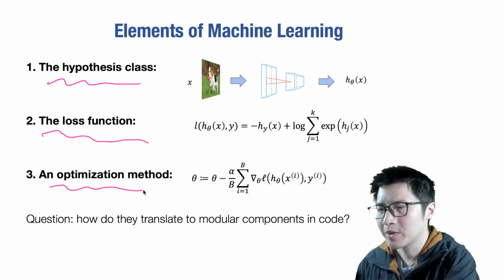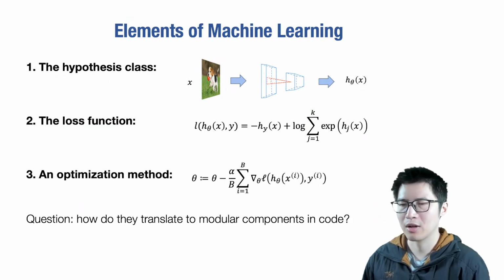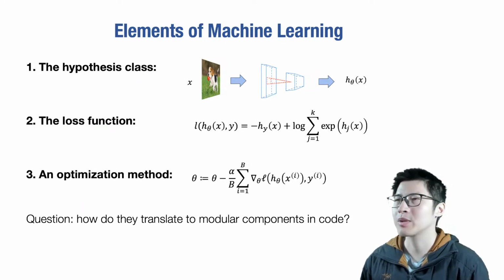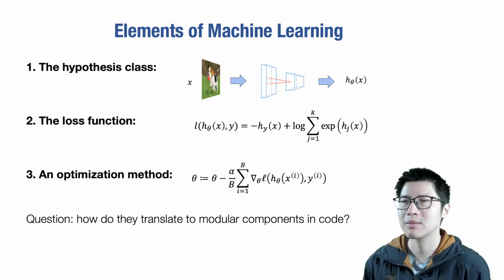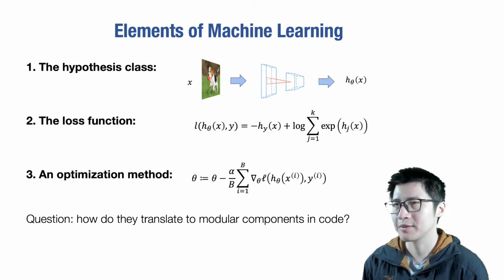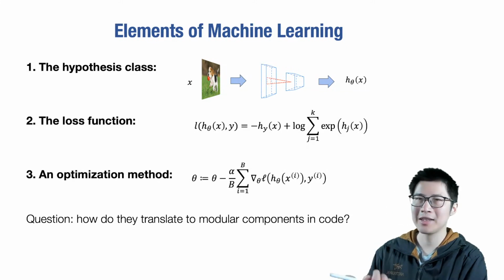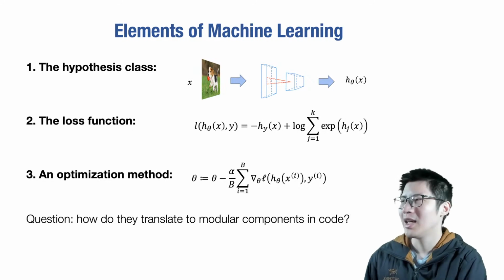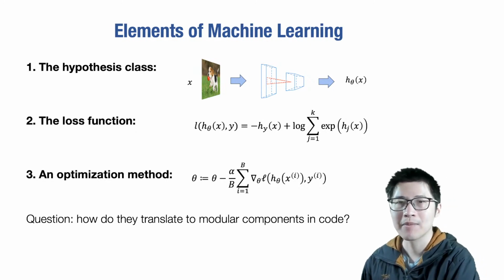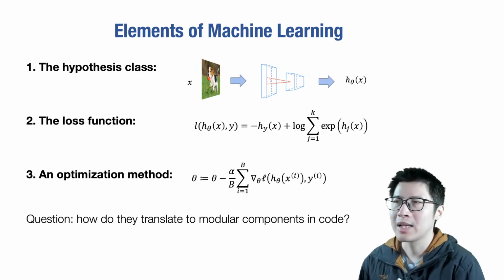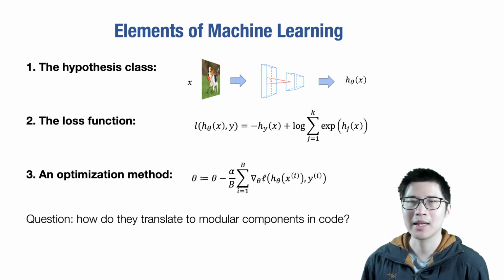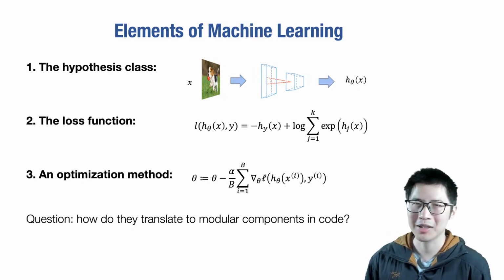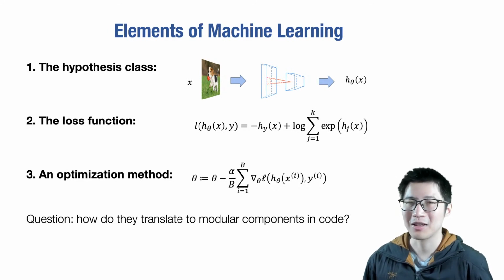And finally, there is an optimization method that, for a given loss function and hypothesis class, tries to find optimized parameters within that space of possible choices. These 3 elements are really independent of each other. As we start to develop machine learning libraries, these components translate into modular components in code that we will use to compose systems.